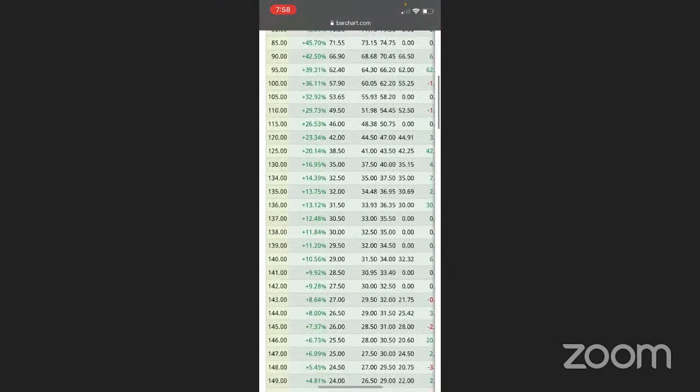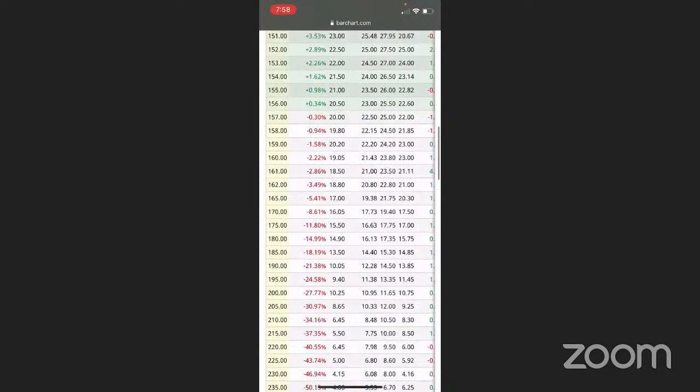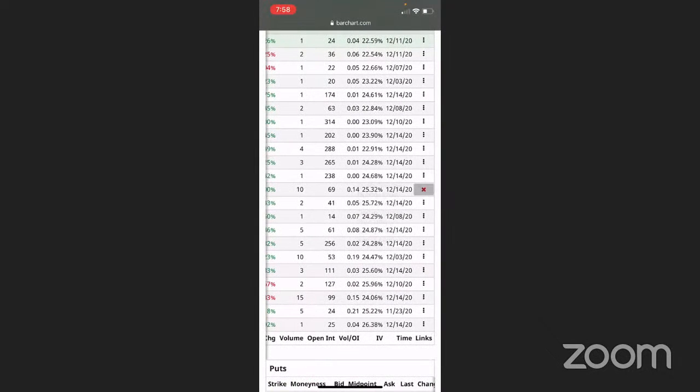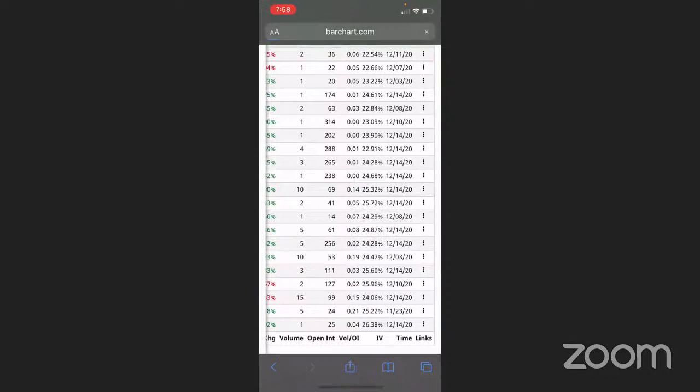Let's look at the 185 strike. I'm going to click on options chart.